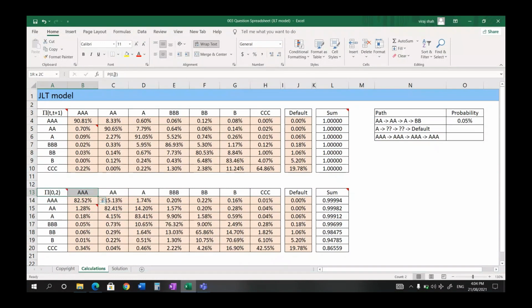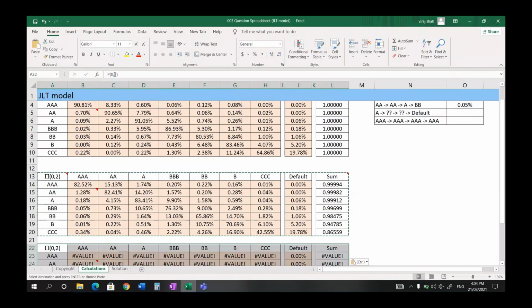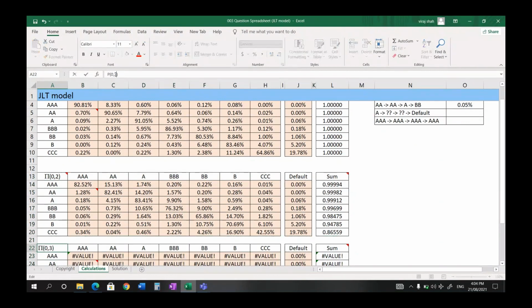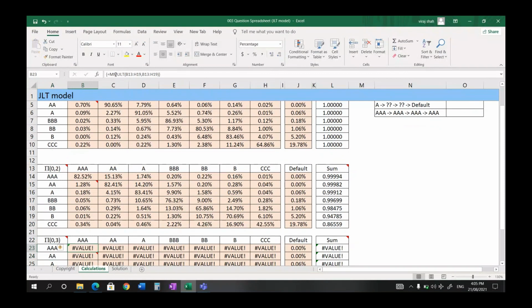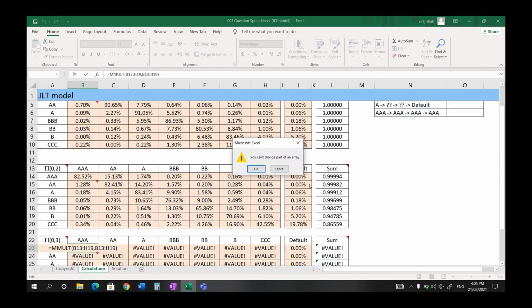We used to work so hard on matrix multiplication, I know that. Now we are doing from 0 to 3. Let me delete these and just delete.